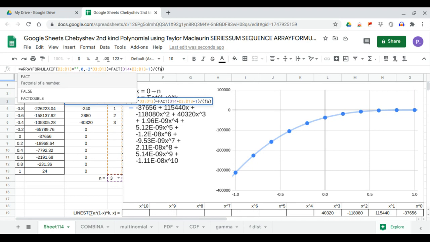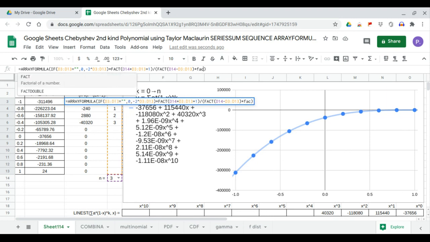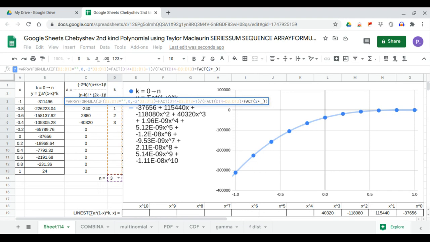First term is factorial of n minus k, times 2k plus 1 factorial, 2 times k plus 1.